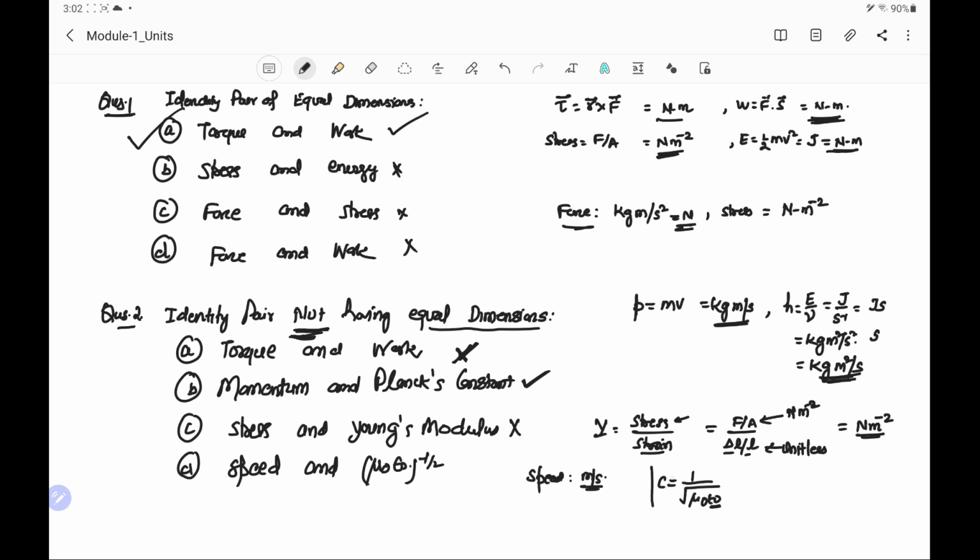And the speed of light in vacuum is given by this formula. That means 1 by square root of mu naught epsilon naught is the speed of light, and it also has the unit meter per second. So these dimensions are equal, and per the question this is the wrong option. So our option B is correct as per the question.